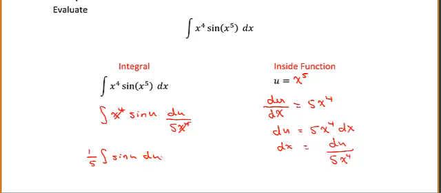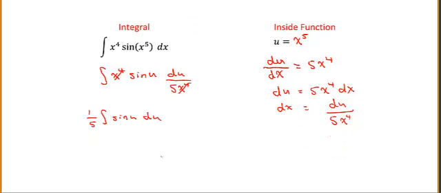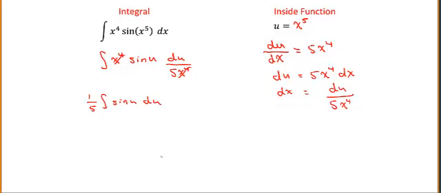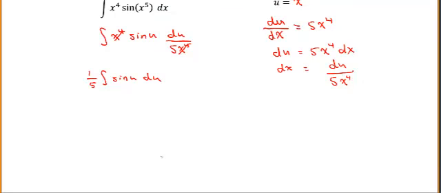All right, now let's see who has sine as its derivative. Well, cosine has, if I take the derivative of cosine, I get negative sine, but then if I take the derivative of negative cosine, I get sine. So the antiderivative must be negative 1/5 cosine of u plus a constant. If I take its derivative with respect to u, the derivative of cosine of u is negative sine.